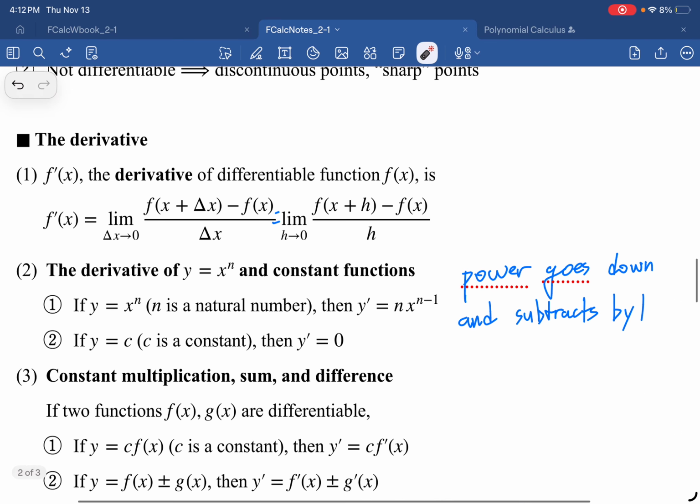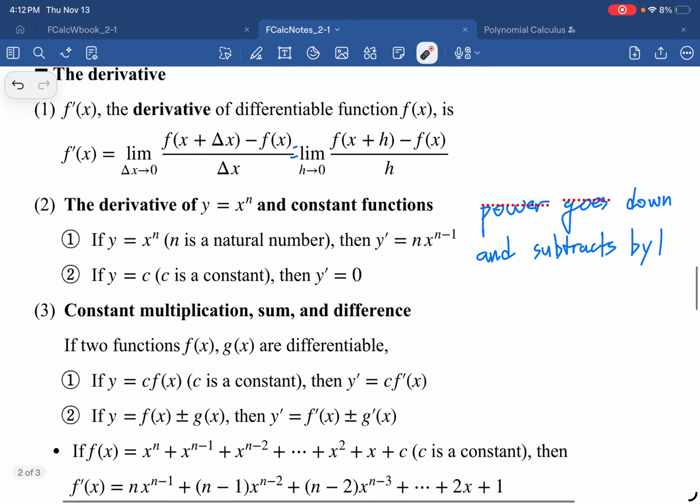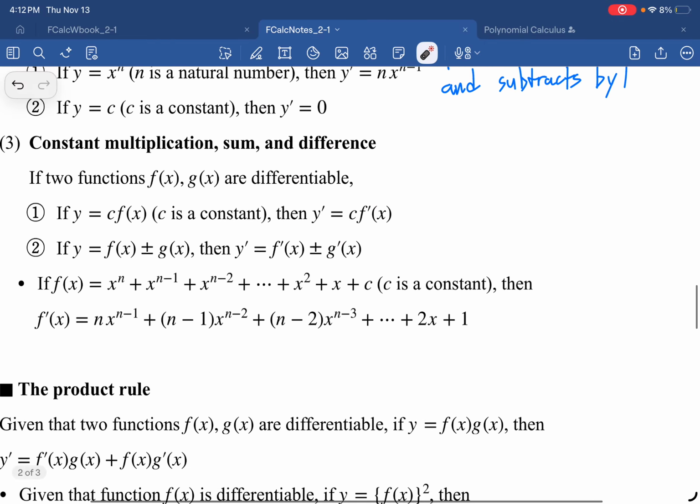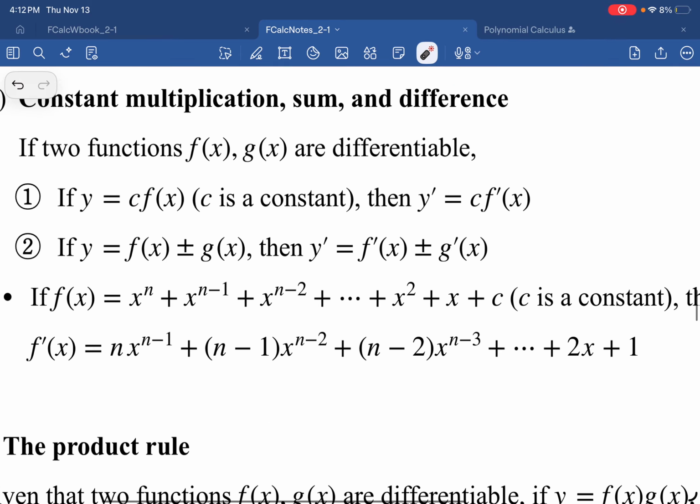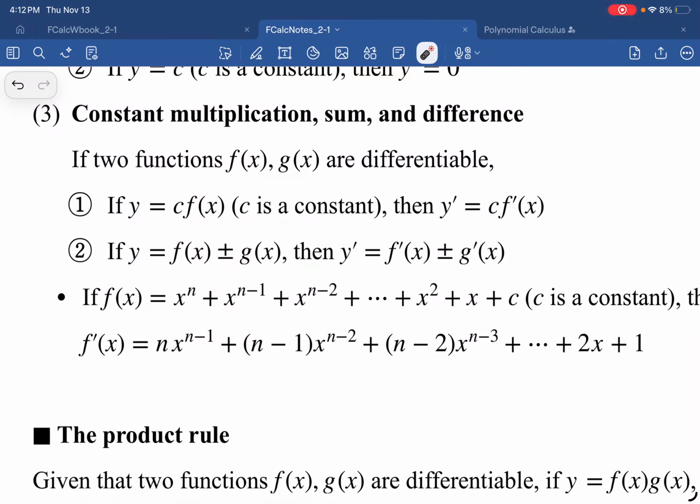Okay, so going back to our notes, we've proven and seen how this works. A couple of algebraic properties for derivatives. A constant times a function, then the derivative will be constant times derivative, right? So you can factor out a constant and it will be no issue.